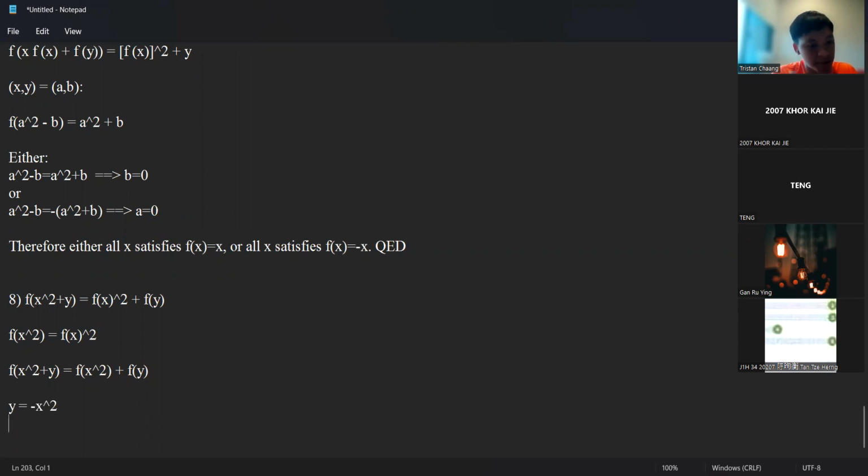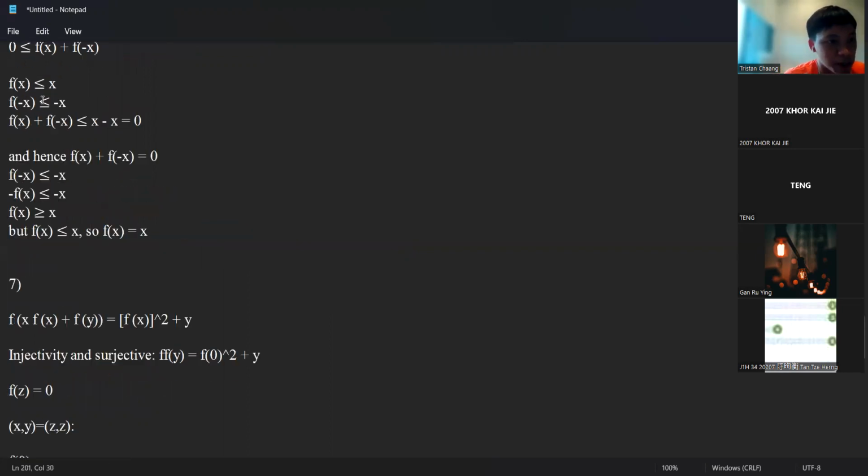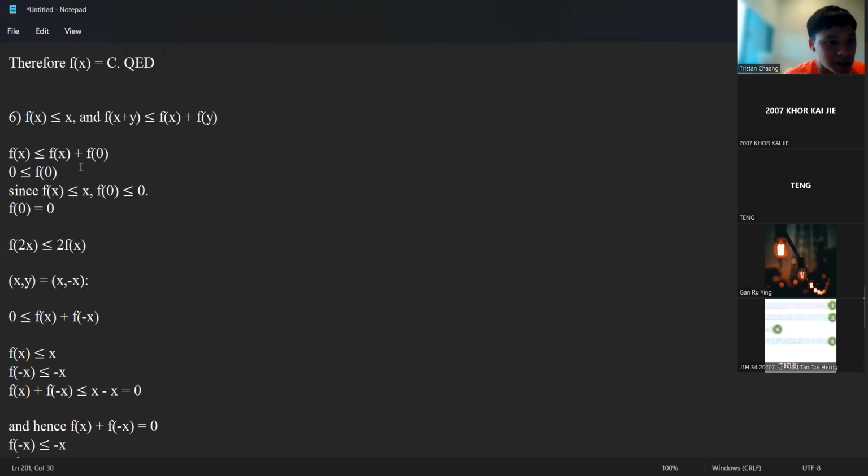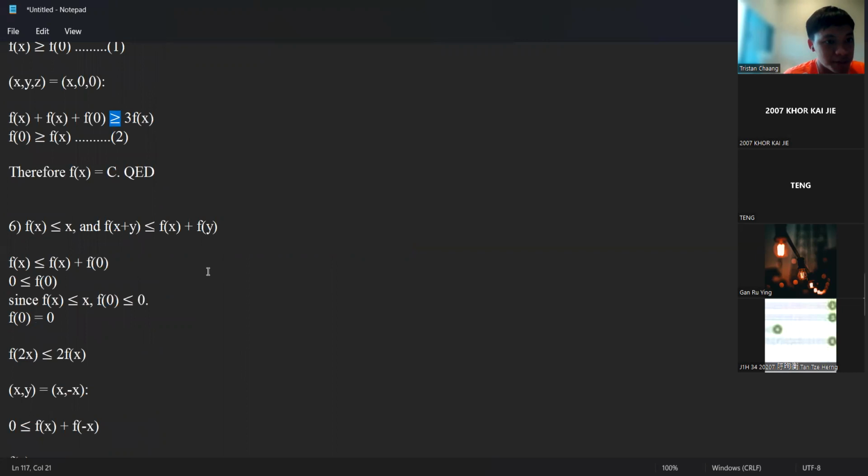Then, let's just rewrite this first. This is just f(x plus y) equals f(x) plus f(y), where x must be greater than or equal to 0. Where's the greater sign? There we go.